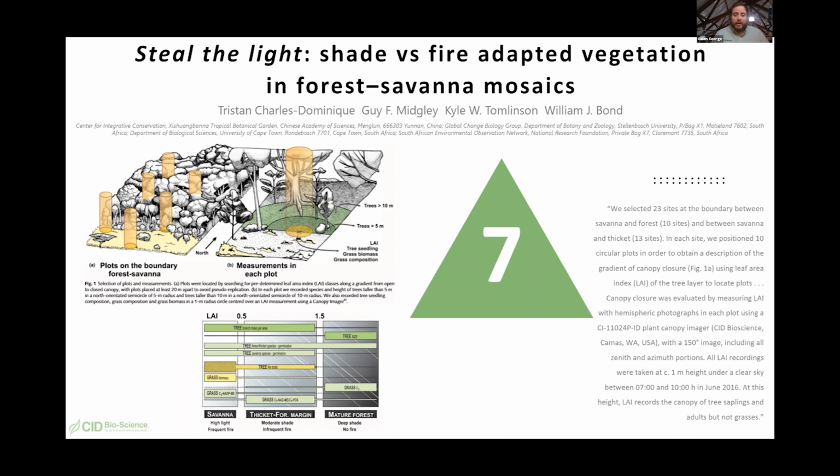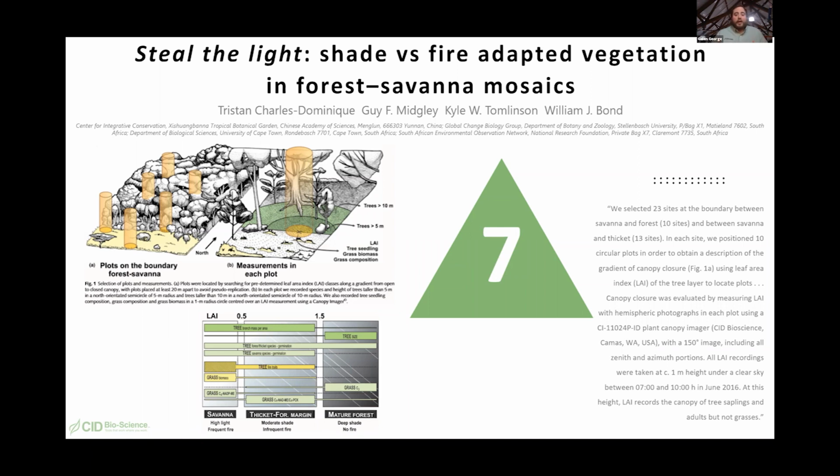So the CI-110 was used to look at the LAI in all of these different sampling regions, as shown in the image on the top, where all those cylinders show a sampling area where they investigated how much canopy cover there was, how much photosynthetically active radiation was getting through and allowing grass to grow, grass that would actually be fuel for these fires.